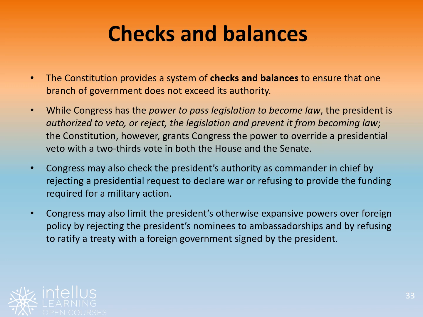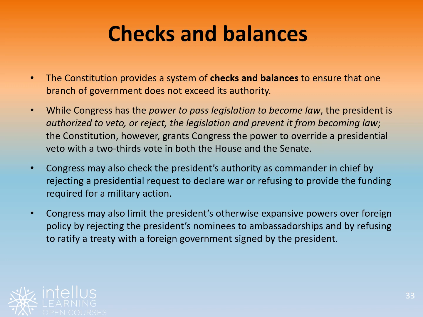So you can see how legislative powers kind of fluctuate while the legislative branch and the executive branch each have a part to play in that. They kind of balance each other out. Congress may also limit the president's otherwise expansive powers over foreign policy by rejecting presidential nominees and ambassadors or refusing to ratify treaties.